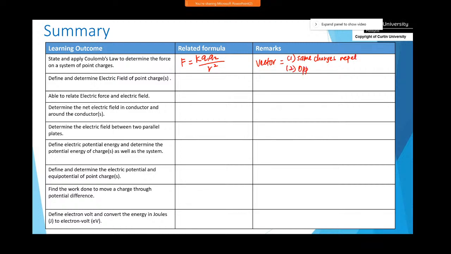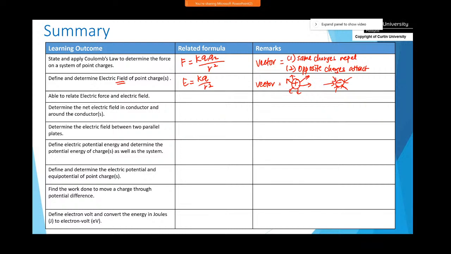If it is opposite charges, then it will be an attractive force. Electric field is given by kQ over r squared only, so it is also a vector quantity. If it is a positive charge, then the electric field will be radially outward. Negative charge, radially inward.